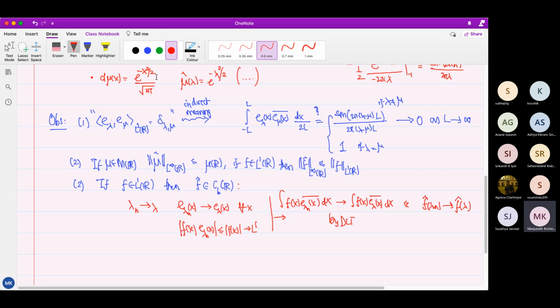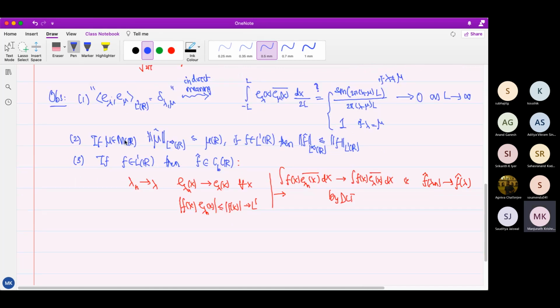Anyway, so this is a sufficient condition. Oh, necessary condition, sorry. This is true. It's also true that we have, this is what I had stated earlier, the Riemann-Lebesgue lemma.